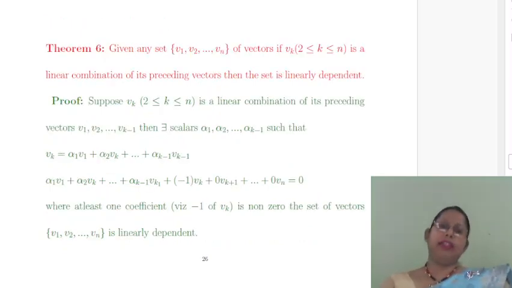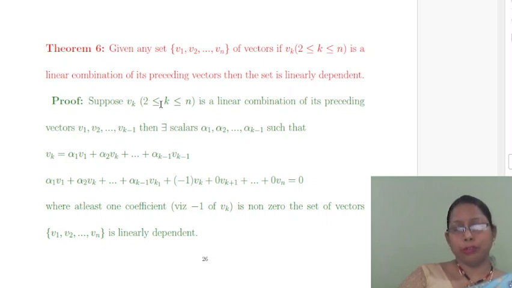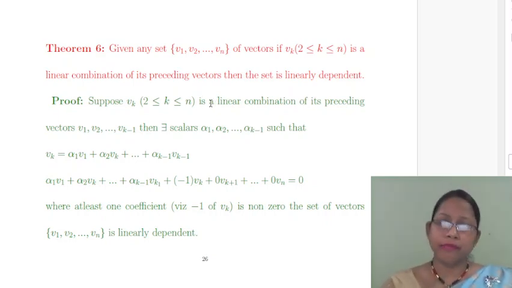Next, given any set b1, b2, dot dot dot bn of vectors, if bk is a linear combination of its preceding vectors, then the set is linearly dependent. Suppose bk, k lies between 2 and n. I have explained why it is greater than or equal to 2 in the earlier theorem of today's presentation.